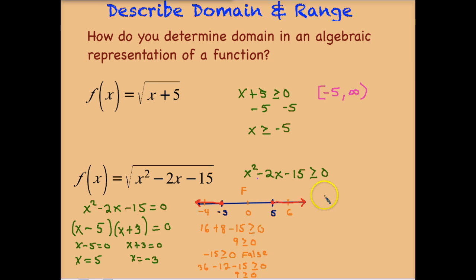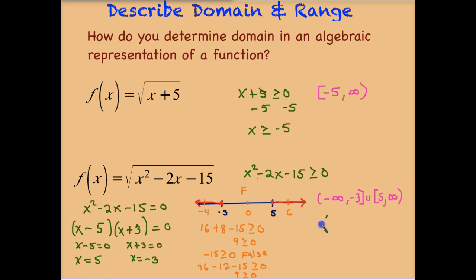In interval notation, I would say that I would go from negative infinity all the way to negative 3 and include that value, and then I would start at positive 5 and go all the way to positive infinity. How could we write this using algebraic notation?